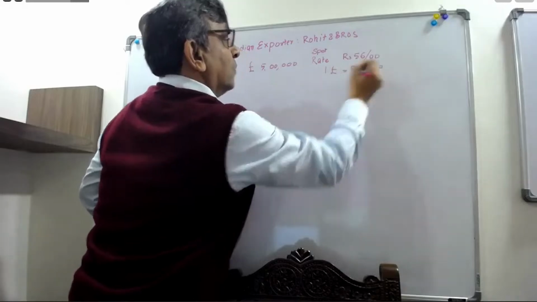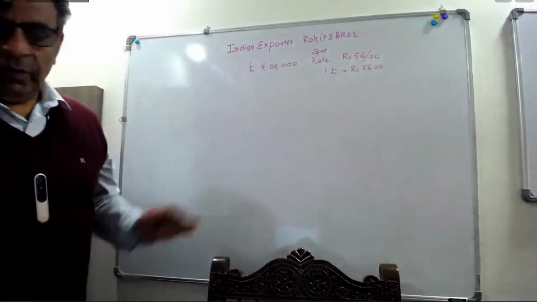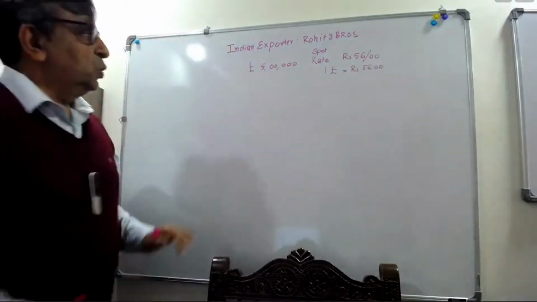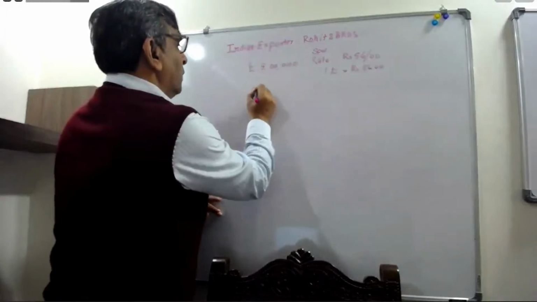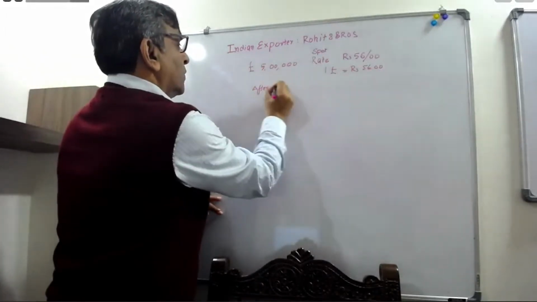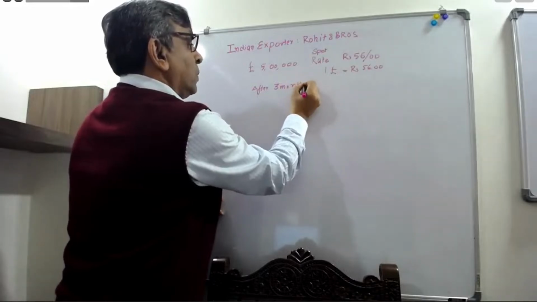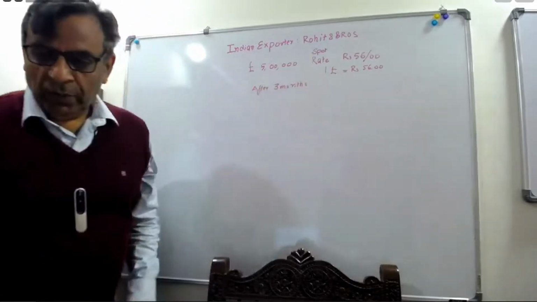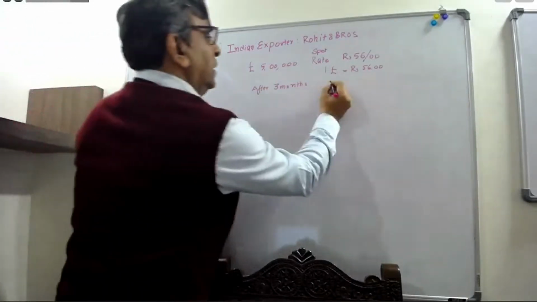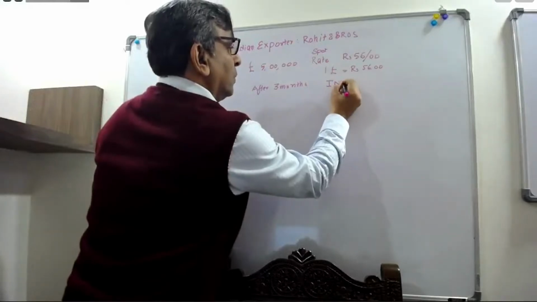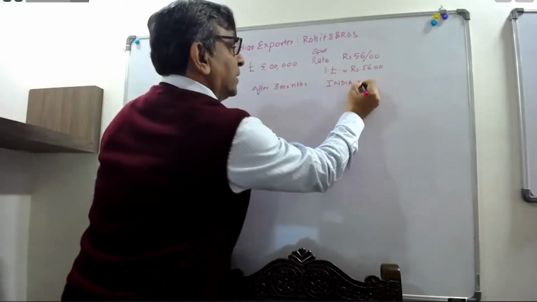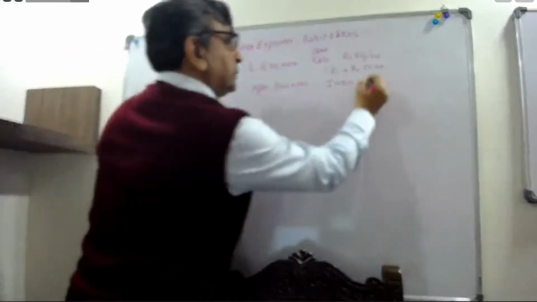So this is what is given. This is the spot rate. Now you are going to get money after 3 months. Okay. Fine. So in India, the rate of interest is how much? 12%.